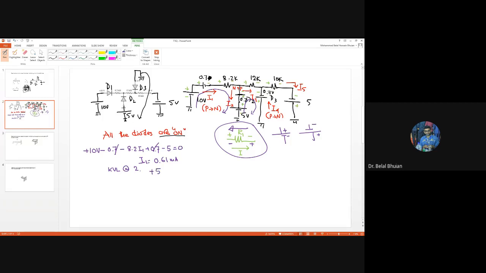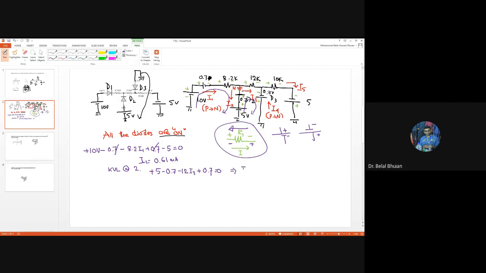But from here I go high to low, so minus 0.7. And when applying KVL, I go from plus to minus, so minus 12 I3. And here I go low to high, so plus 0.7 equals 0.